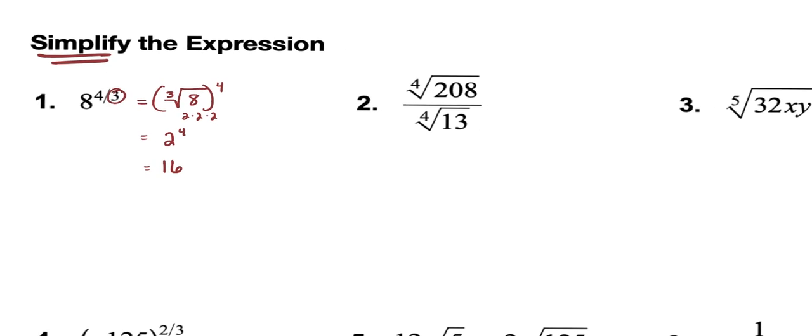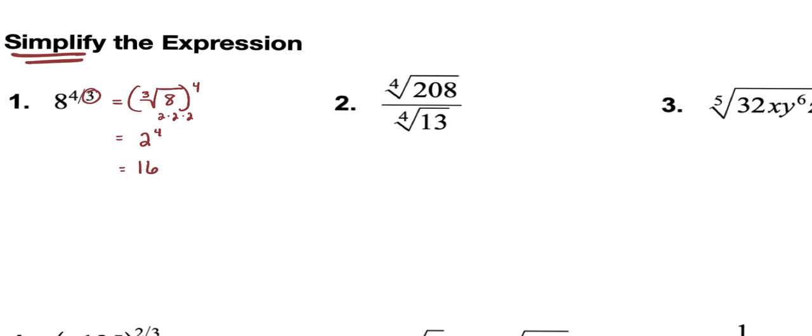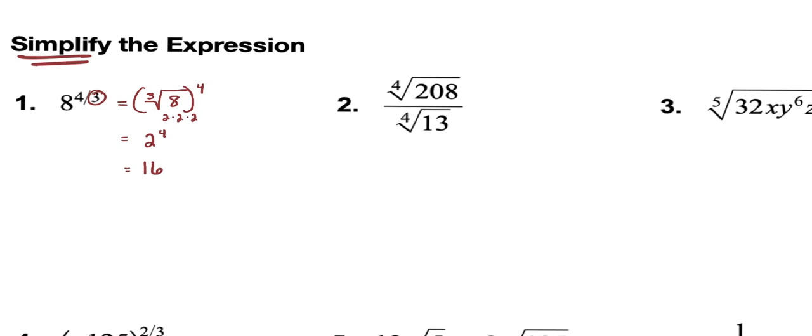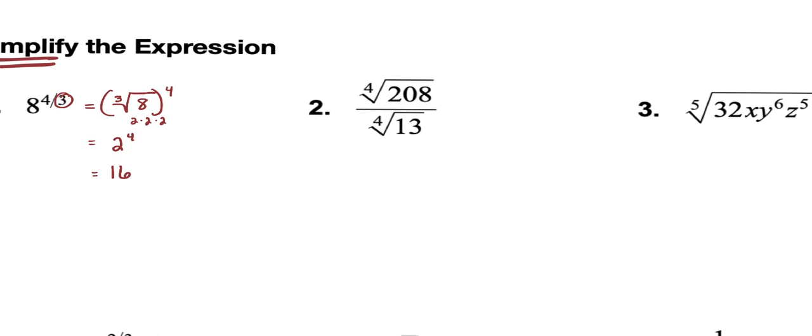Problem number 2, we've got the 4th root of 208 over the 4th root of 13. What you may want to do at this point is right away check to see if 208 is divisible by 13. Turns out it is.